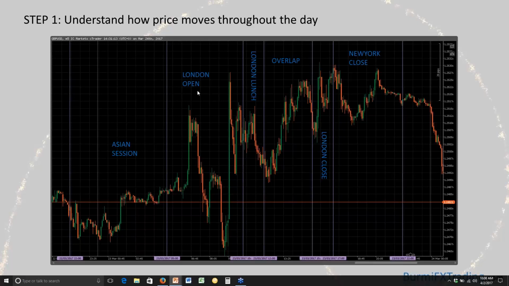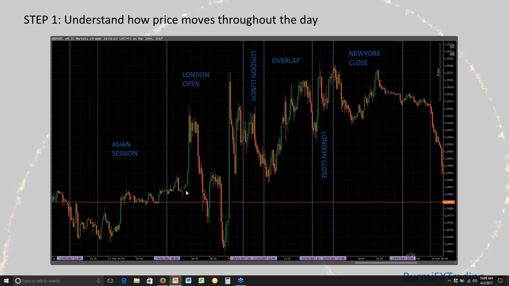And during the London Open session, that's when we see very big movements. So in this example, we have Asian session first, and the Asian session ends around 500 GMT. And guys, this is a 5-minute candle chart, British pound US dollar, from IC Markets.